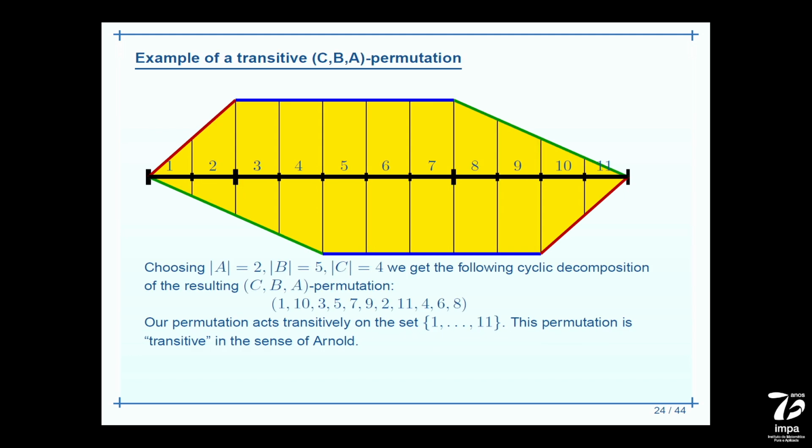And finally, this is an example where I change the length parameters one more time, and we get a single cycle like this. For Arnold, this is a transitive permutation. You visit all the elements, so as a cyclic decomposition of the permutation, we get a long cycle.